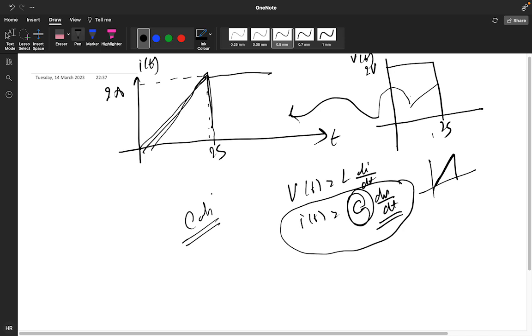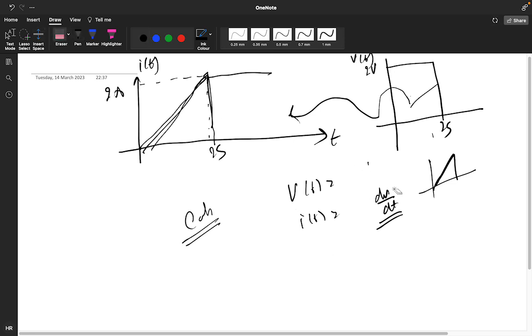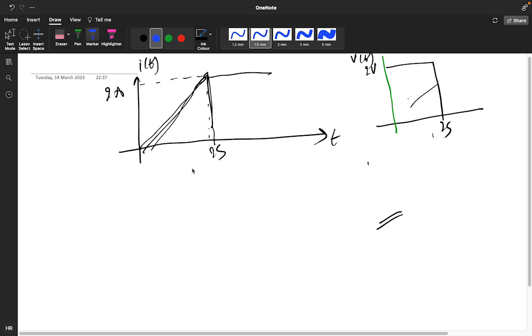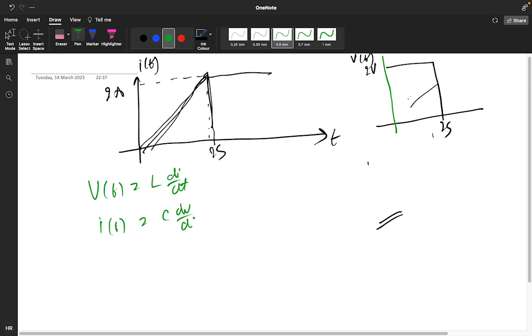Capacitor or inductor, because see, if you differentiate this function, I'm really sorry, you have v of t is equal to L di by dt, and I of t is equal to C dv by dt.